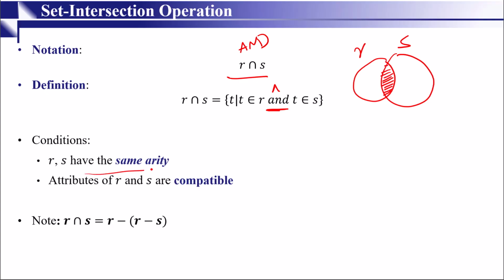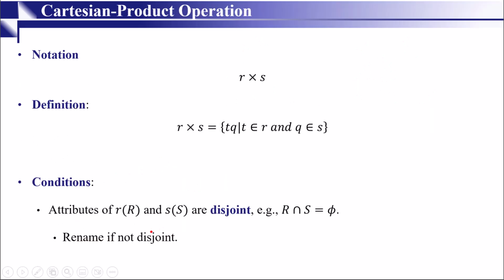Again, they should have the same arity and be compatible in terms of domains. So we can write R cap S as R minus (R minus S). R minus S is this part, so we are interested in the same thing. This is the same as R cap S.